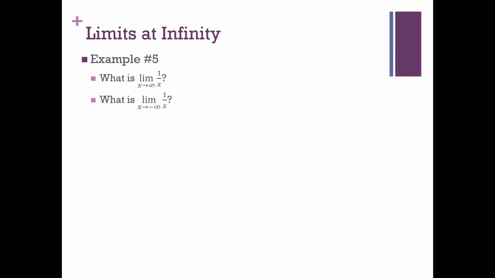I think I accidentally did this a minute ago. So the function 1 over x, what happens as x gets really, really big? No, this is not what I did. This just looks pretty similar. So this limit is equal to 0, right? If I'm dividing constant 1 by bigger and bigger positive numbers, I get very, very small.